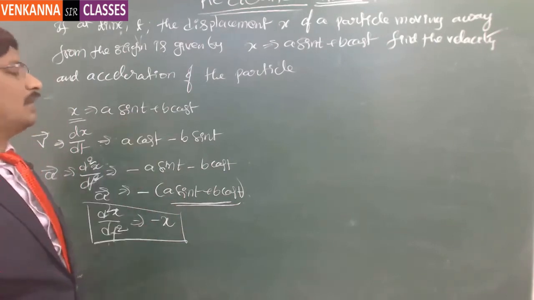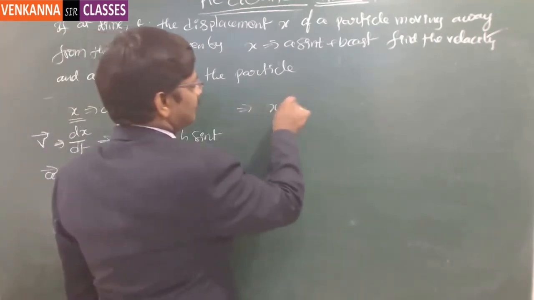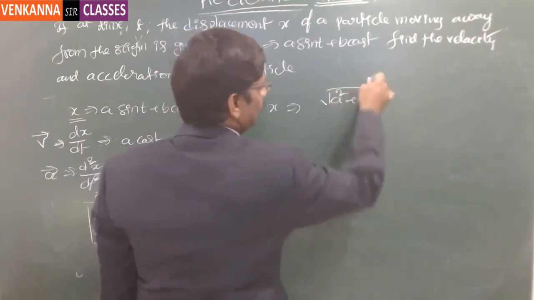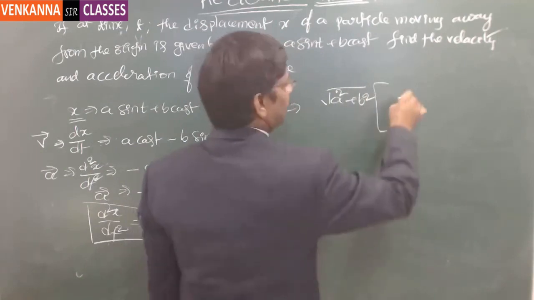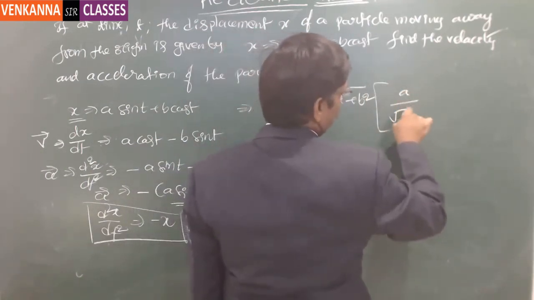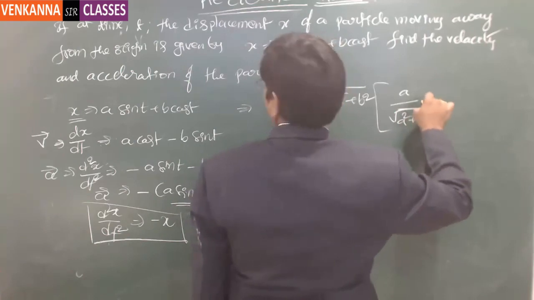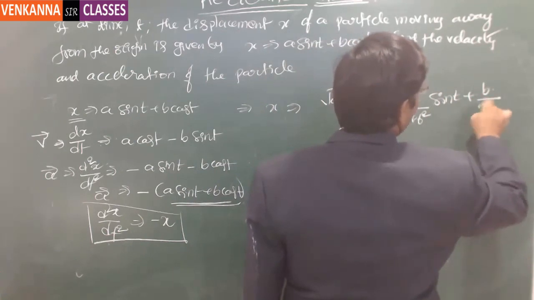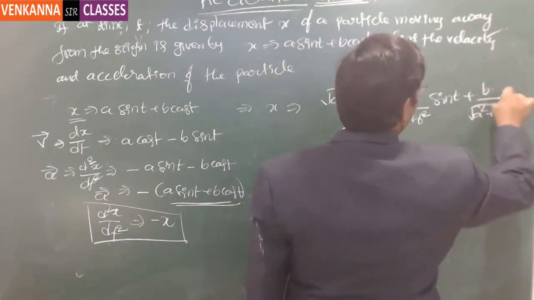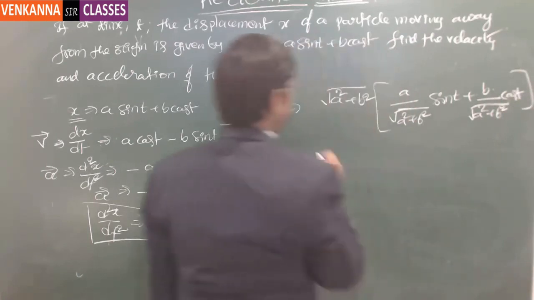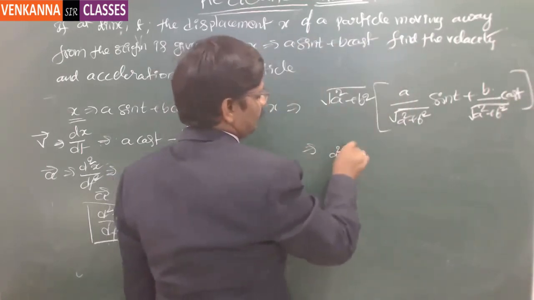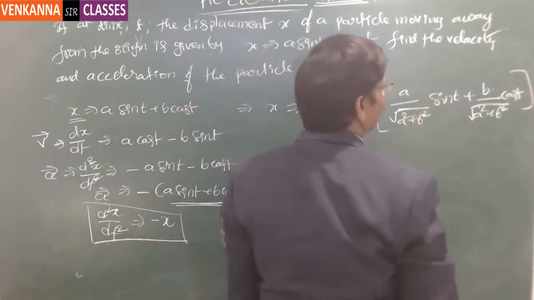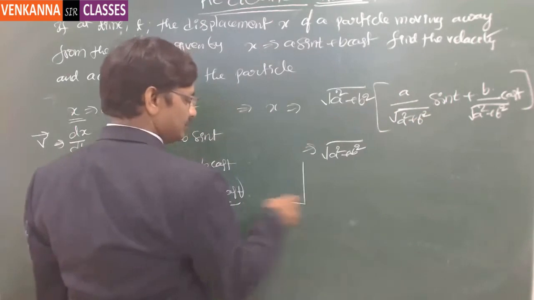Now actually I will show you how it works. See this x value: if I multiply and divide by the square root of a square plus b square, this can be treated as square root of a square plus b square into a by square root of a square plus b square sin t, plus b by square root of a square plus b square cos t. Now I will represent this in a triangle.